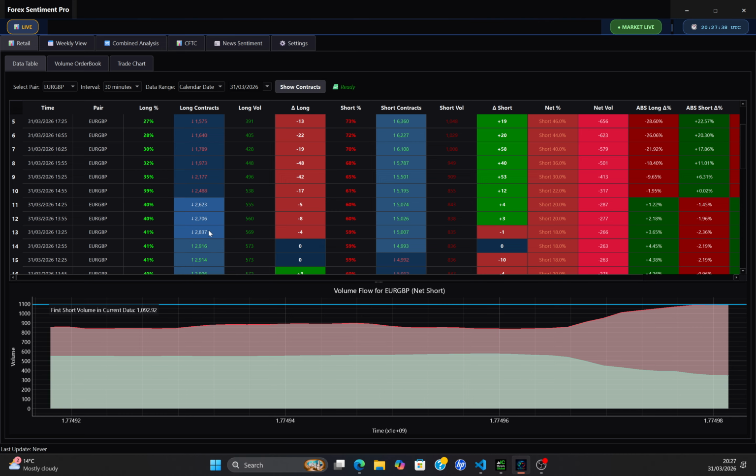They are reducing their contracts in their long positions. We have to pay attention to their net positions. They are net short by 18 to 20%, and by 277,000 lots.